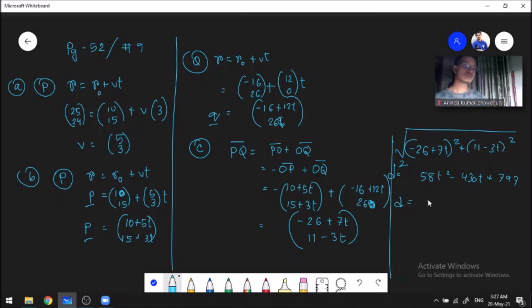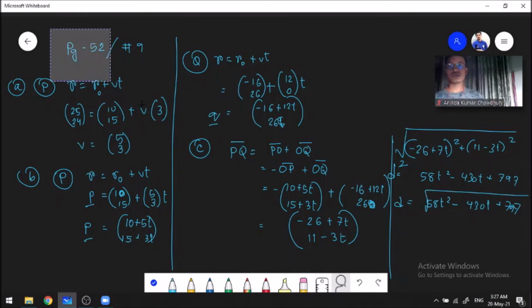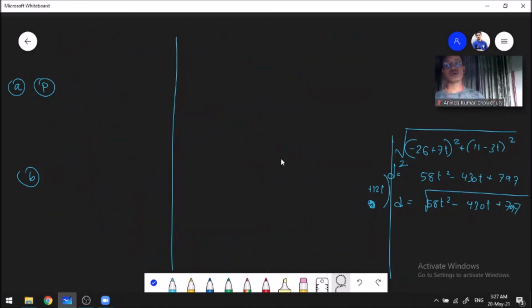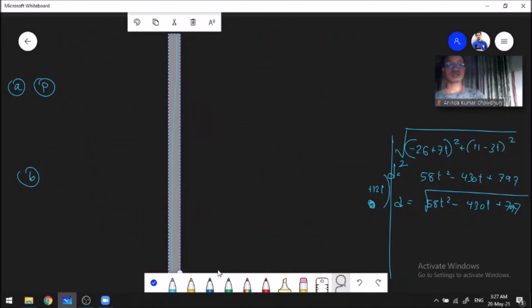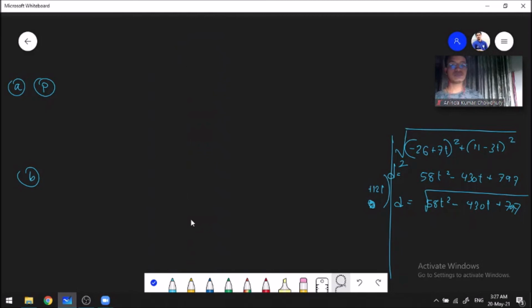So the distance will be given by the square root of 58t² - 430t + 797. So the lights from Q are visible from P only when the distance is 13 kilometers or less, which is d less than or equal to 13 kilometers.